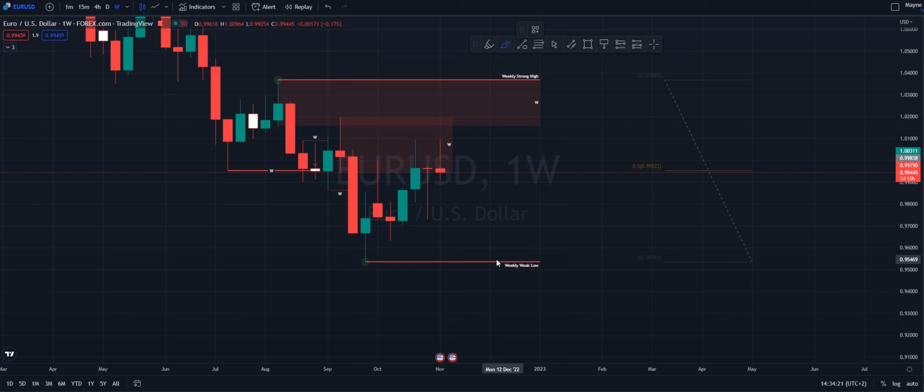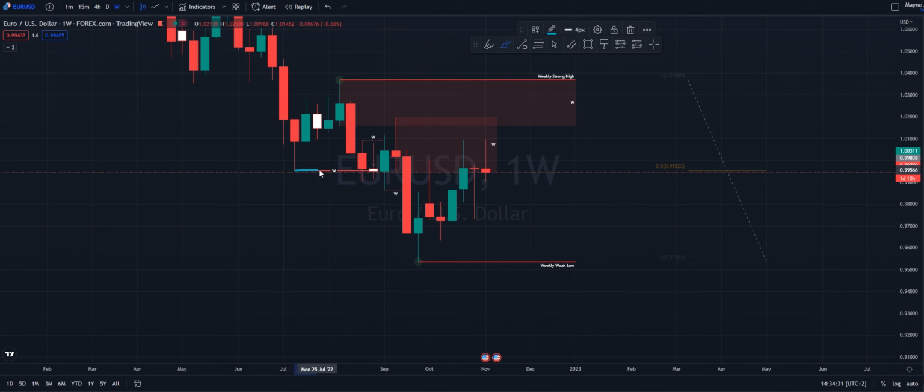So step one is to map the swing ranges of the weekly chart, and I will do this by seeing where price has broken structure, and we see that price has broken structure here. Now, because price has broken bearish structure, we expect the market to continue to make a bearish move.